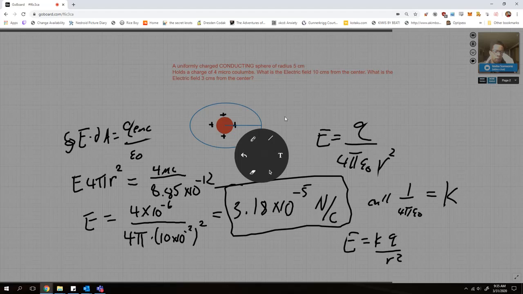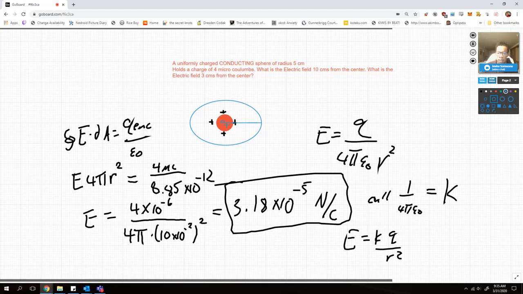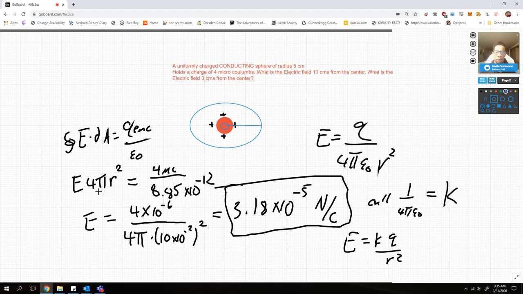So my conducting sphere is going to be something like that, where this radius is 3. So then I can again write Gauss's law.